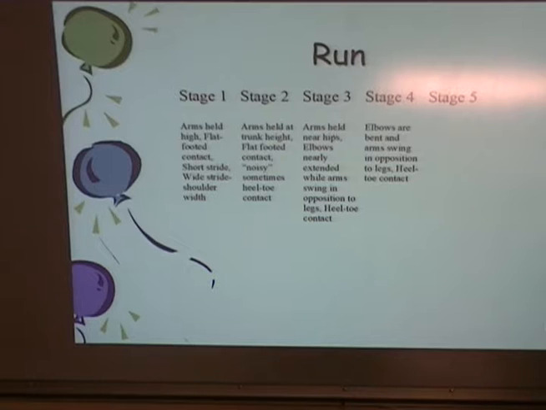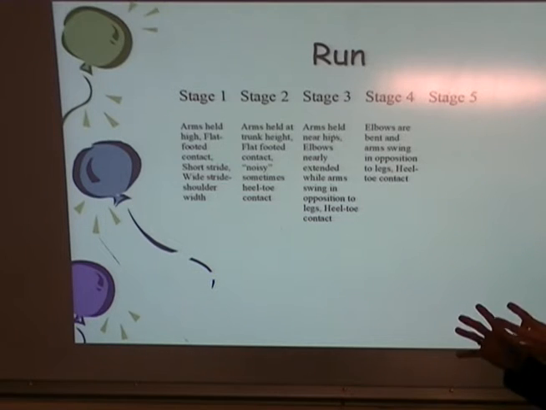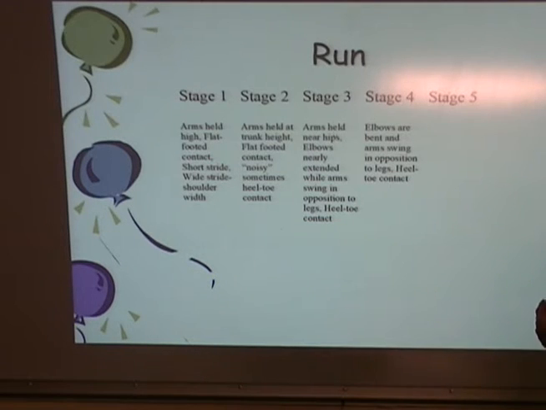And running has, at the fundamental level, remember, so we're not talking about an Olympic sprinter or someone running down a football field, right? We're talking about fundamental running, right? So it has 4 stages, and each stage has characteristics that we can identify that stage with, all right?